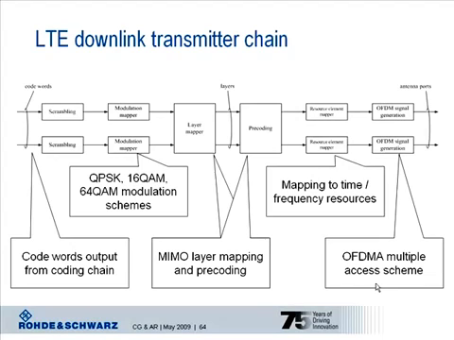After scrambling and modulation of the code words, the MIMO layer mapping and precoding takes place. That is the stage where it is actually decided whether transmit diversity or spatial multiplexing is applied, which then results in a different mapping and precoding operation specific to each MIMO mode. Also, a wide range of configuration options exists at this stage.